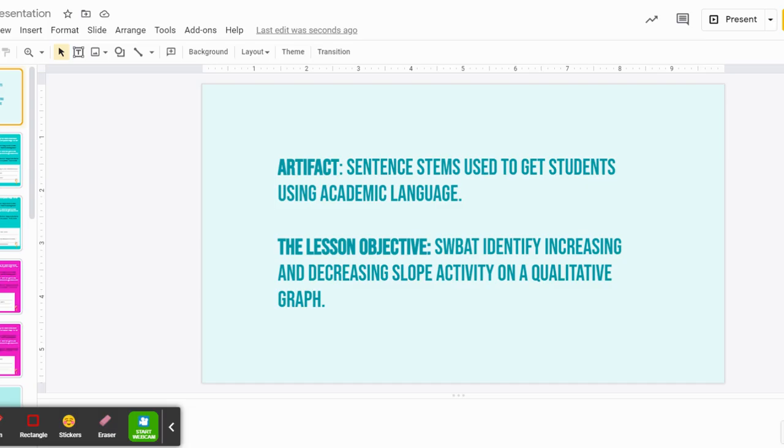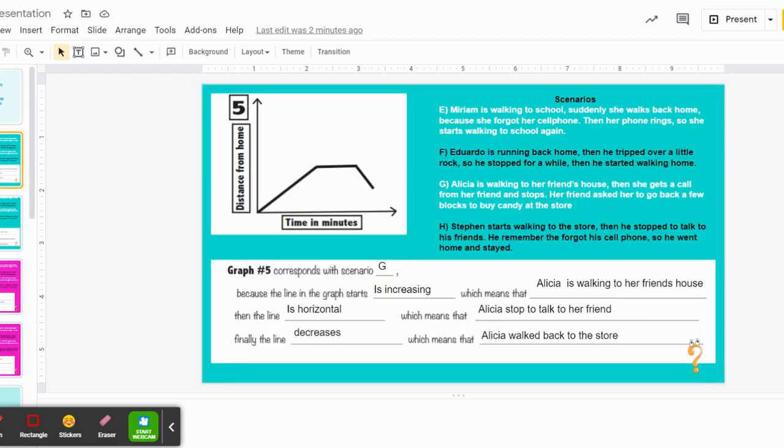So the first set of artifacts is the use of sentence stems to get my students comfortable with using academic language. So the objective for the lesson was for students to be able to identify increasing and decreasing slope activity on qualitative graphs. And so with this particular lesson, my students were reviewing various qualitative graphs, and then they were determining which of the scenarios matched the graph.